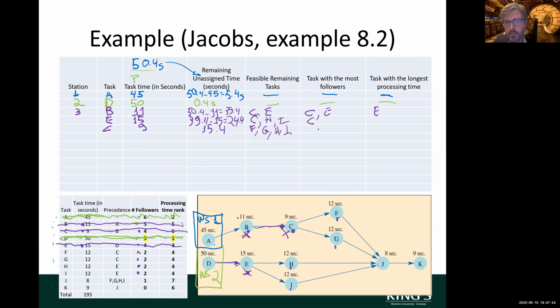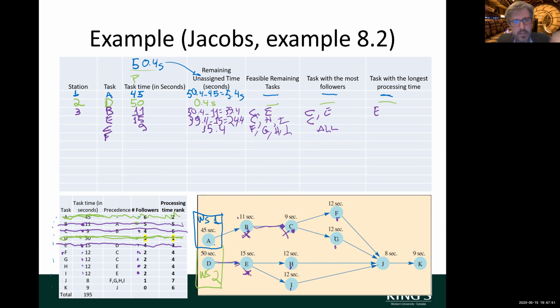What about longest processing time? 12 seconds, 12 seconds, 12 seconds, 12 seconds. Oh, that's no good. They tie on everything. So you know what? I'm going to pick alphabetical order. I have to tie break this thing. Therefore, I'm going to pick task F.